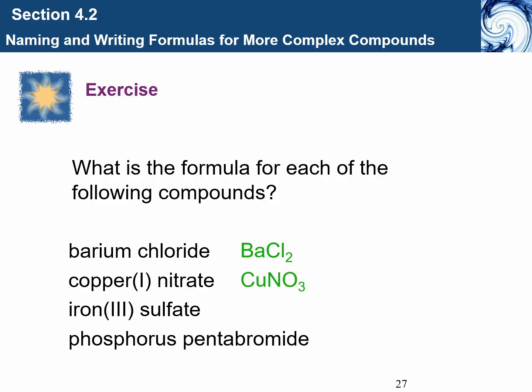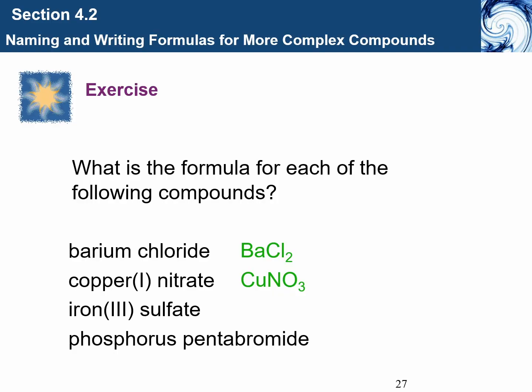Iron 3 sulfate should tell you a little secret. Sulfate, believe it or not, is going to have to work with iron 3. So does that tell me directly how many iron I need? No. And that's where it can get a little bit confusing. So what am I supposed to do? That's a great question.